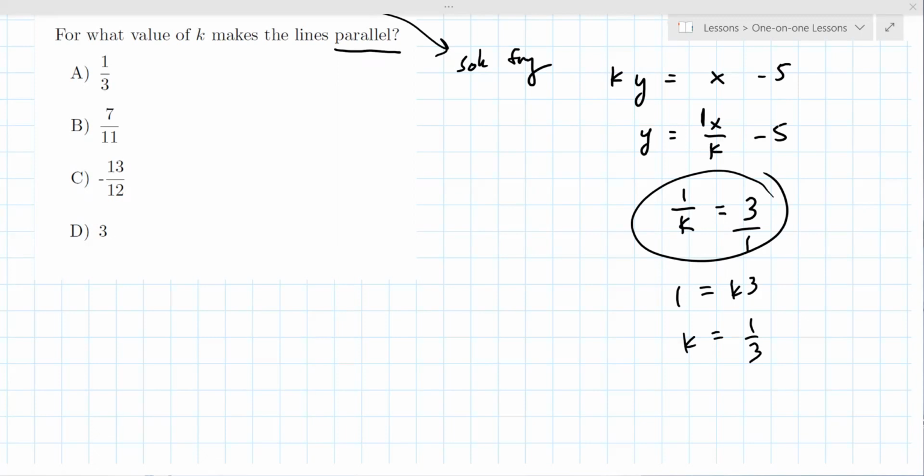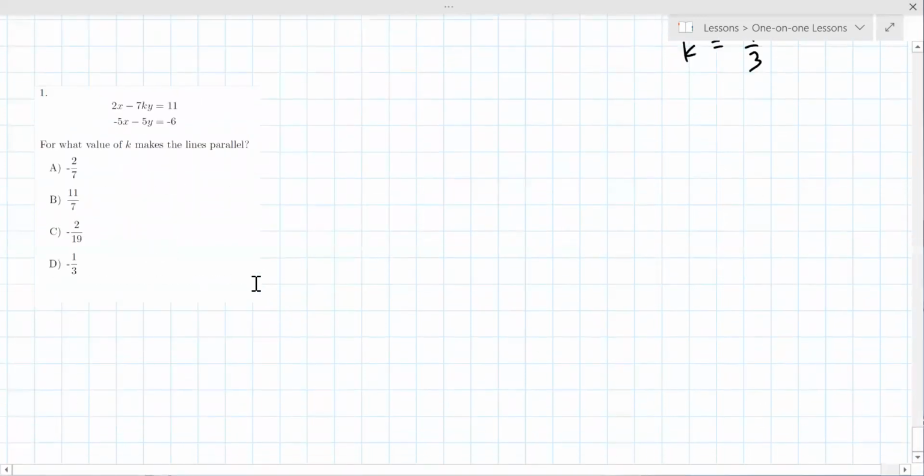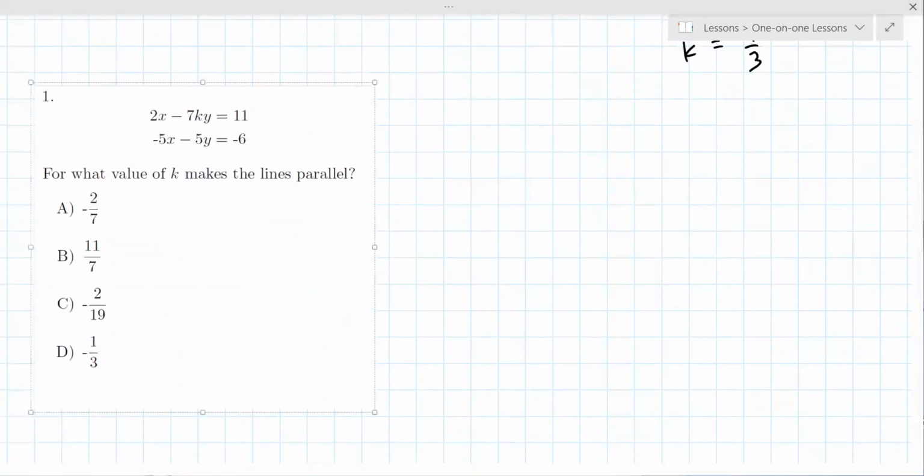All right, let's do one more here. I'm going to snip this one in, give this one a try, and maybe this will be our last one. We'll see. If you'd like to work on a few more after this. 2x, 7ky equals 2x 7.